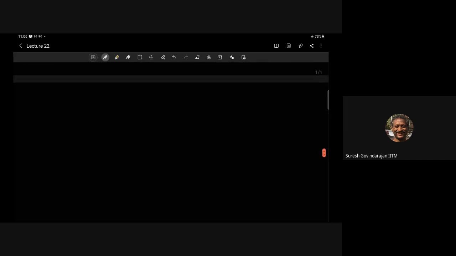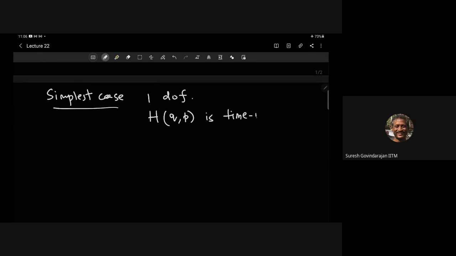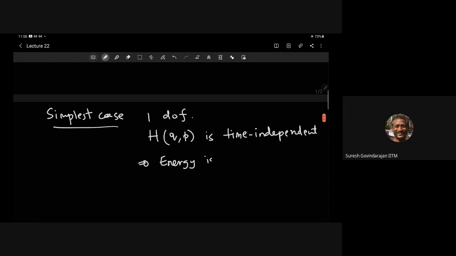and we'll start from the simplest case: one degree of freedom, and we'll assume that the Hamiltonian is time independent. Okay, and so that implies the energy, or the value of the Hamiltonian, is a constant of motion.